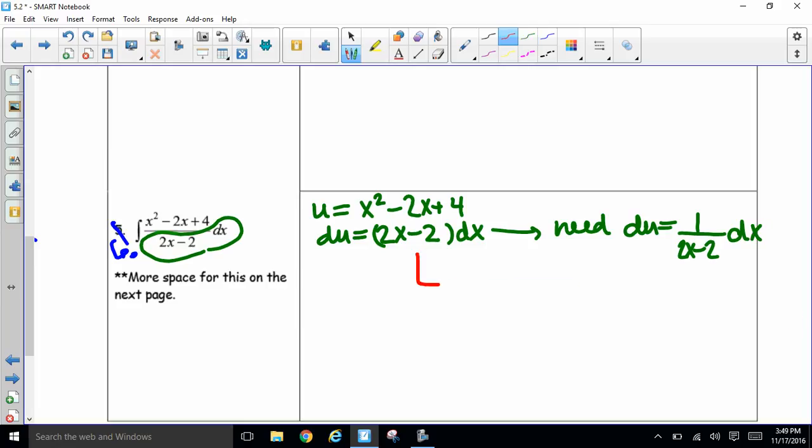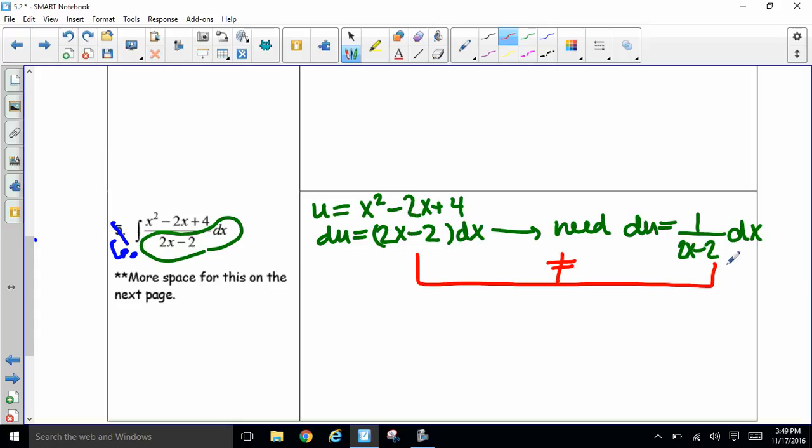These are not equal at all. So it looks promising by letting the u be the numerator because I'm seeing the du show up in the denominator. But I would need du to show up as a fraction. And the derivative of x squared something is never going to show up as a fraction.